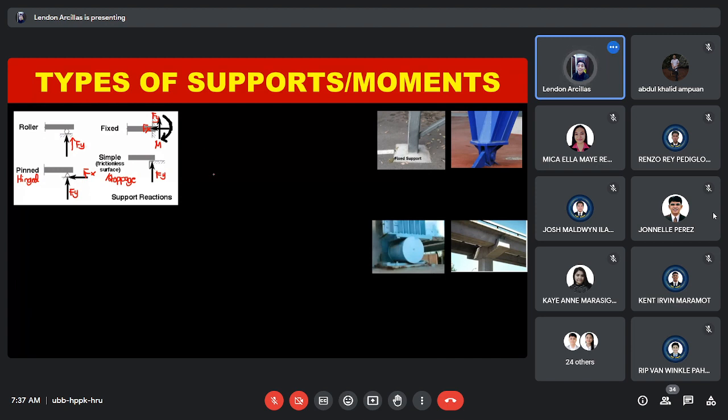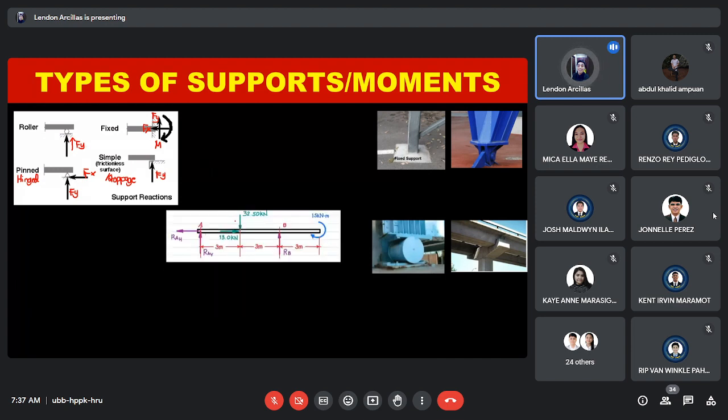Kasali din yung moments. So for example, this one, if we have this force here vertical, and we also have the force here upward, and then we take moment at A, right? So we sum up all the vertical forces and the moments to take moments. So moment is force times the D, and D is the lever arm.